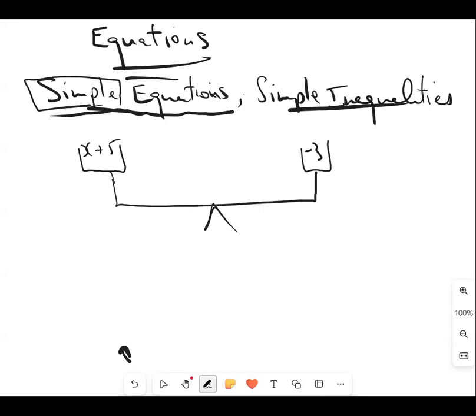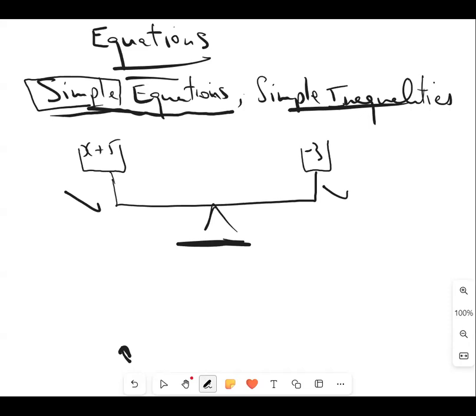The key to solving an equation has to do with whatever you do over here, you have to do over here to keep the balance, right? Keep that thought in mind. This illustration we're going to use throughout.